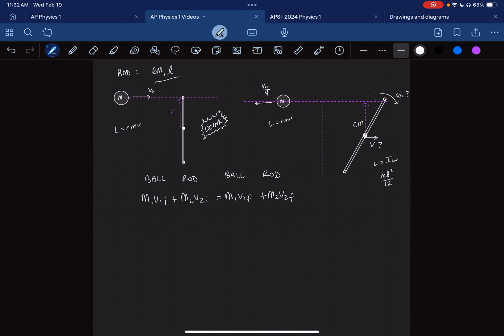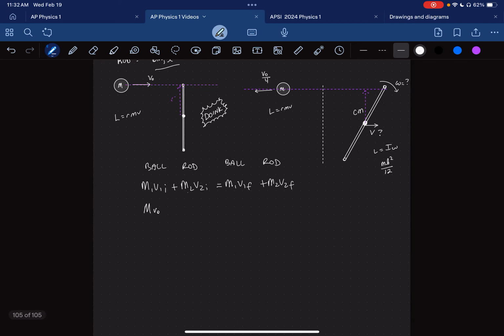Before the collision, the mass of the ball is m, its velocity is v naught. The rod has no translational velocity, so its initial linear momentum is 0.